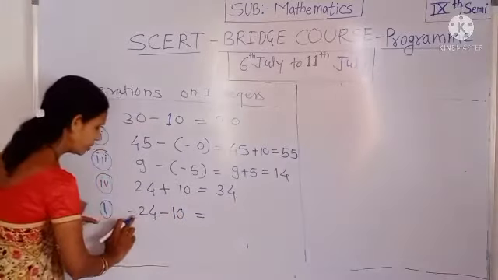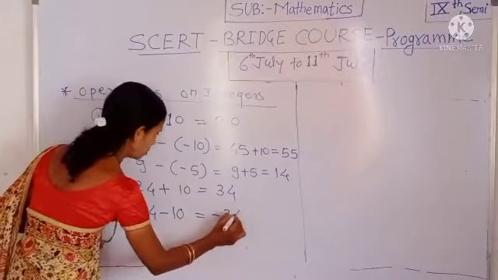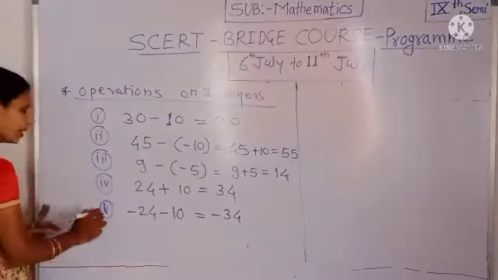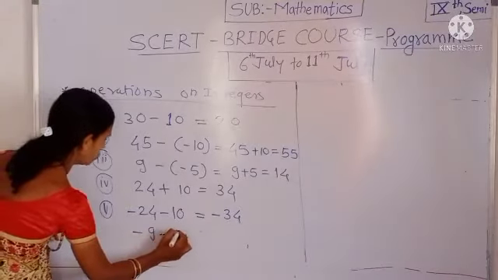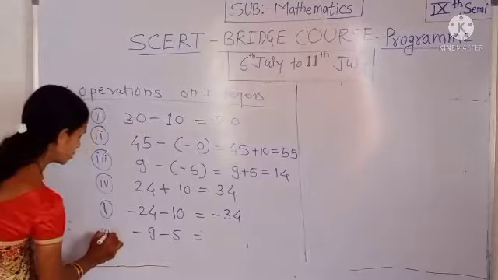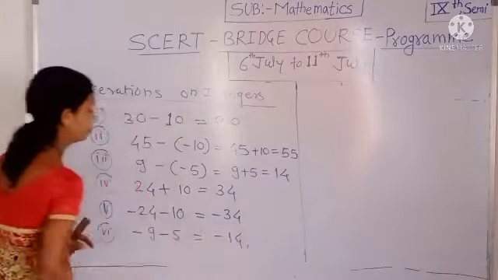Then see here, minus 24 minus 10 is minus 34. One more example, minus 9 minus 5, that is minus 14.